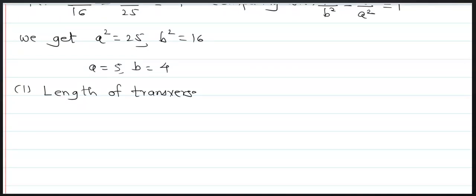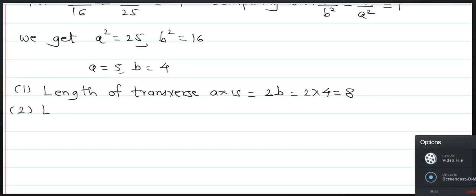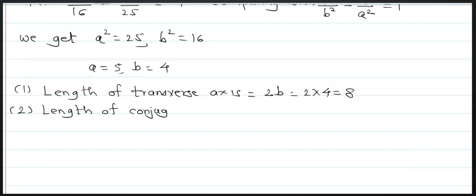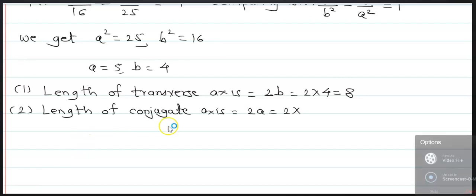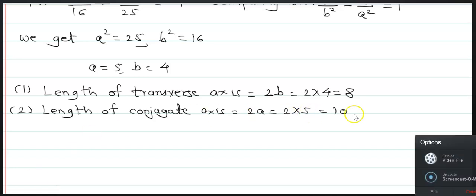Now the length of transverse axis, that is 2a, is equal to 2 into 4, that is equal to 8. Next is length of conjugate axis, that is 2b, 2 into 5, that is equal to 10.